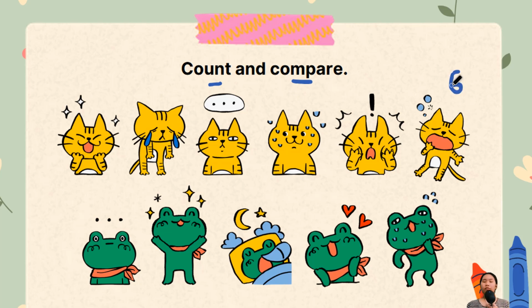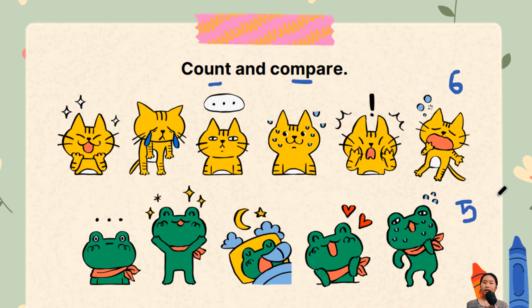What about the frogs? How many frogs do you think we have? 1, 2, 3, 4, 5. We have 5, okay? So we have 5 frogs and 6 cats. Now, do we have more cats than frogs? Or do we have more frogs than cats? Well, we have more cats.